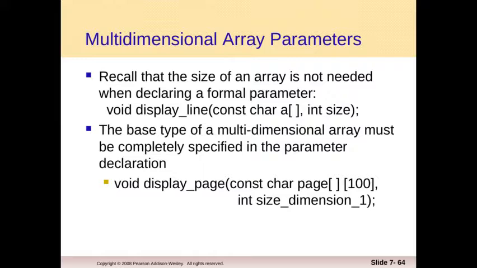So when we have a function like the one on the slide, display page, the second one, if you look there, this second square bracket that has the 100 in it needs to be there because the char array of 100 elements is the base type of the elements in the page array, and that's why it has to be.